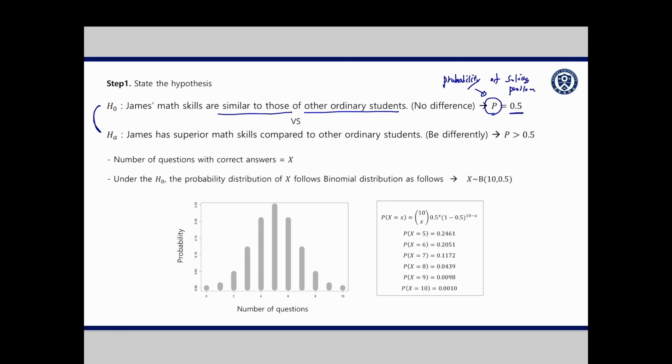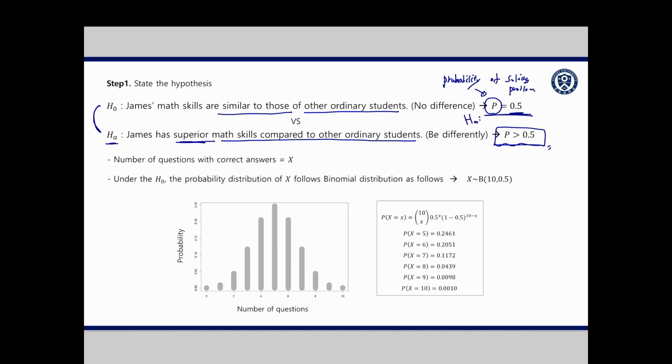So the null hypothesis, denoted by H0, is that the probability equals 0.5. On the other hand, the alternative hypothesis means that James has significantly better, superior mathematical ability compared to other students, so we can express it as the probability greater than 0.5.